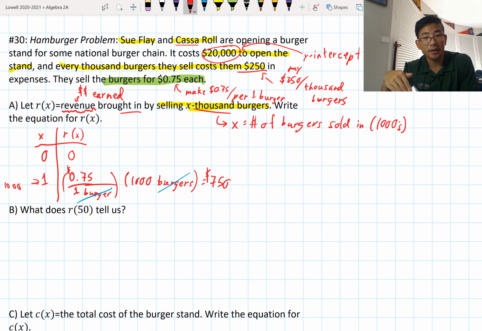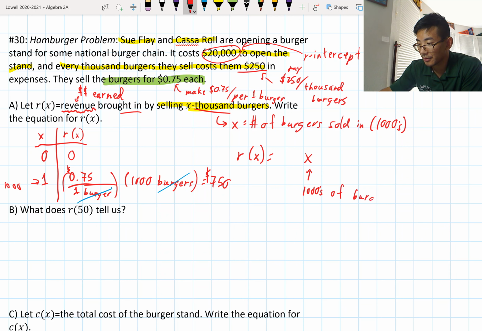And if I sell another 1,000, I'm going to make another $750 and so on. And so we can see here that actually R of X is simply going to be this many thousands of burgers times basically the price of 1,000 burgers.